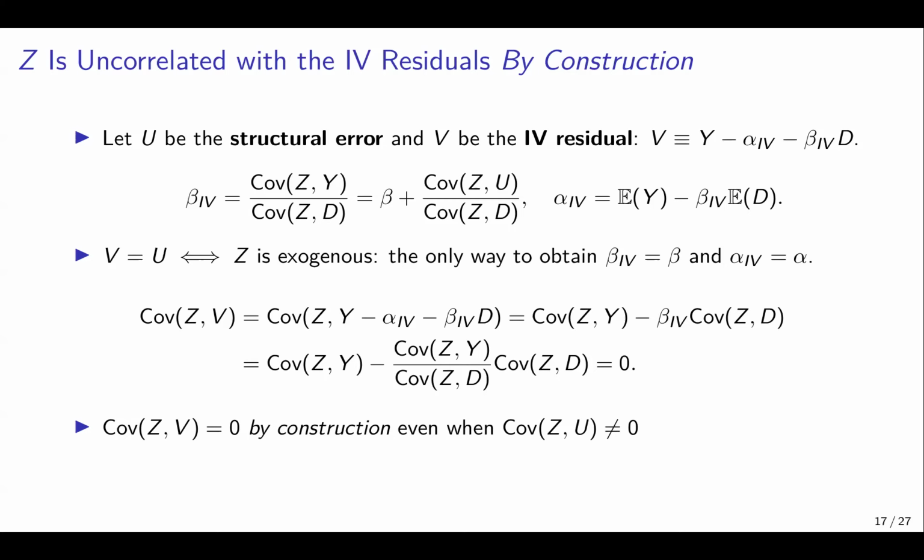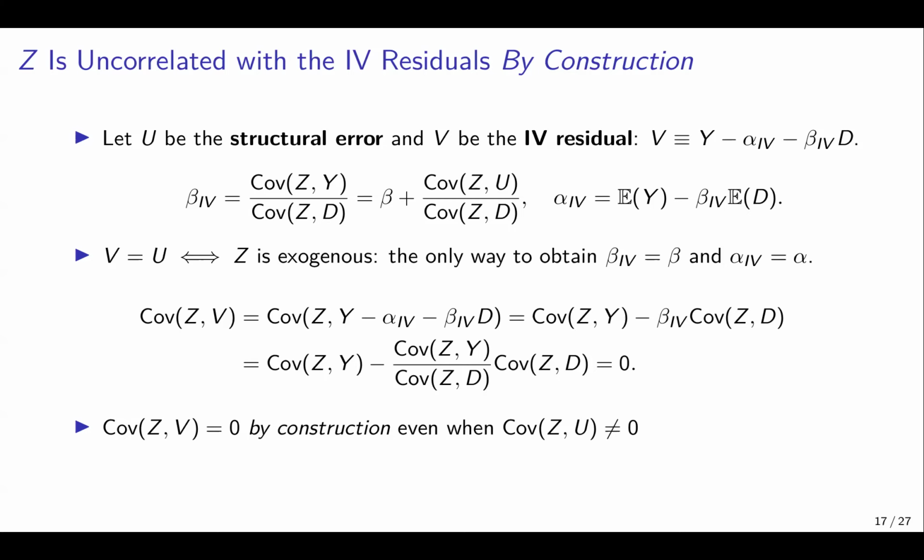All right, now, v equals u if and only if z is exogenous. This is kind of the key point. So this is the only way to obtain beta IV equal to beta and alpha IV equal to alpha. So let's take a look here, and let's compute the covariance between z and v.